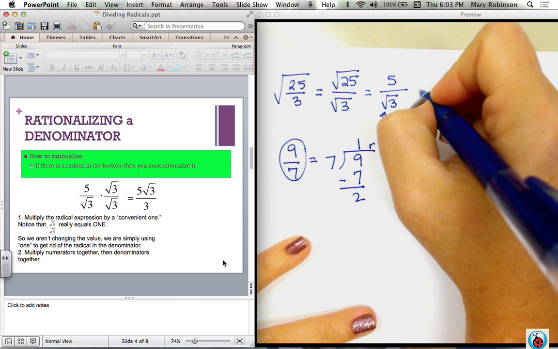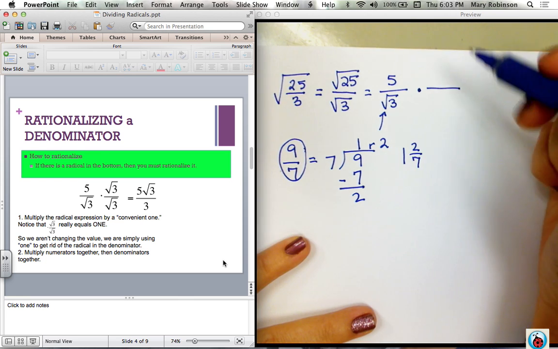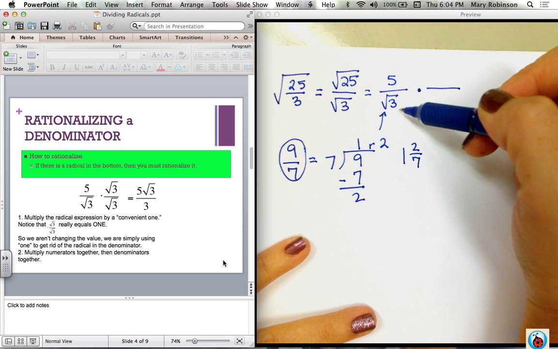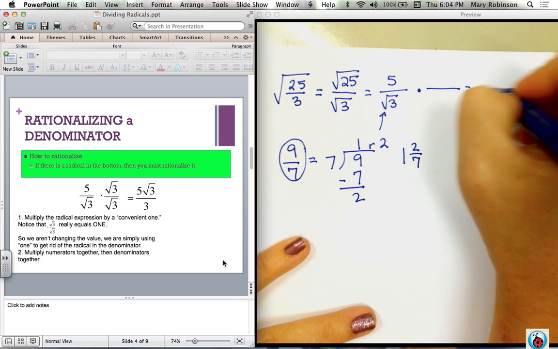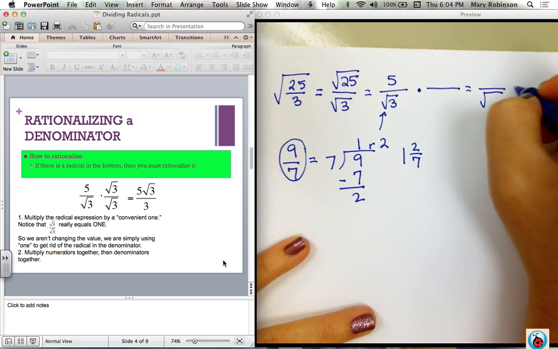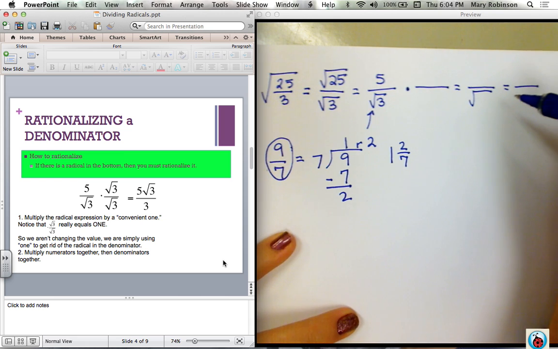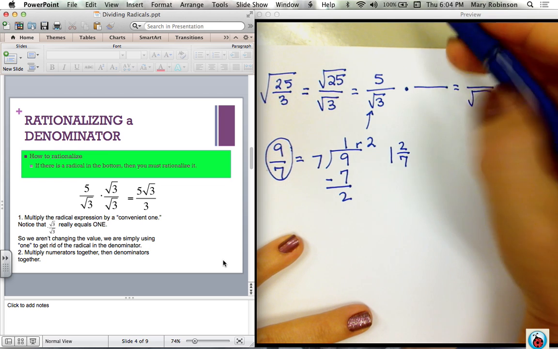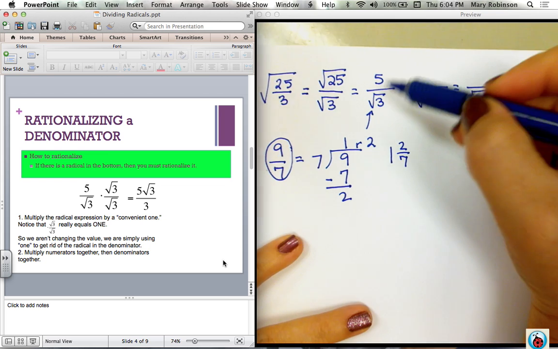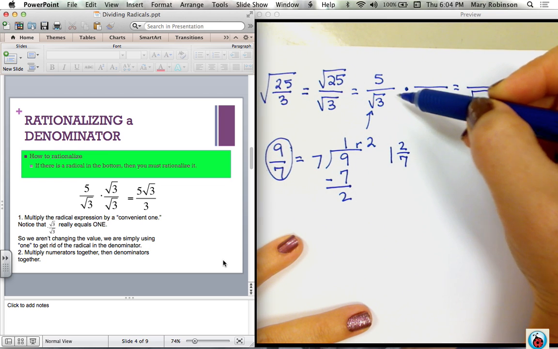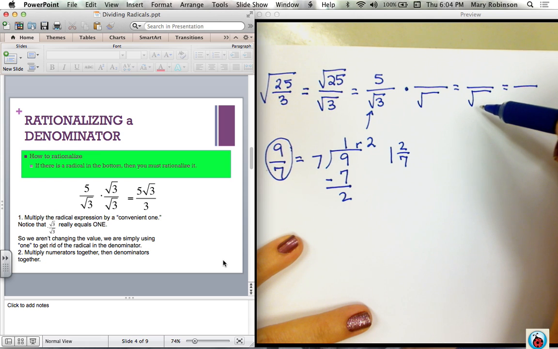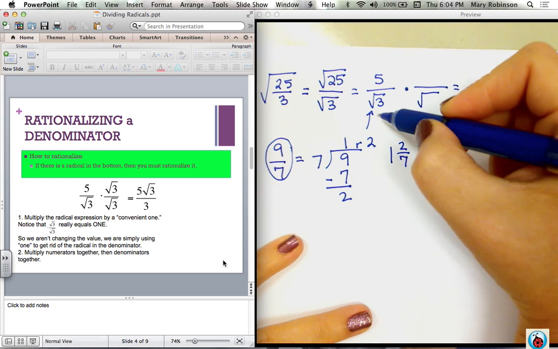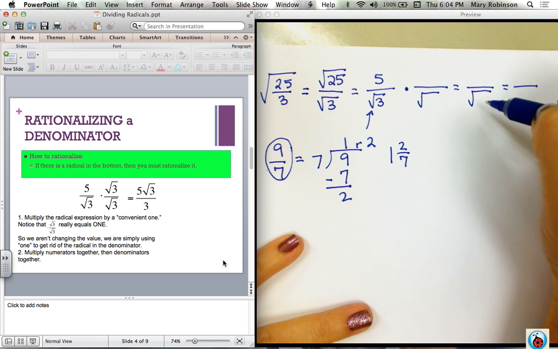Well, this convenient 1 is going to be a number that when multiplied by this square root of 3 will give us a perfect square, so that when we take the square root of it, we will not have a radical. So what number can I multiply by 3 to get a perfect square? Well, 3 is a factor of 9, which is a perfect square.